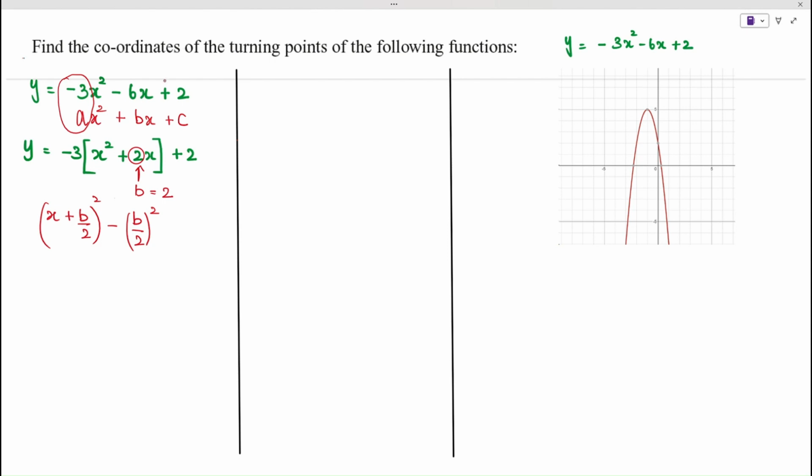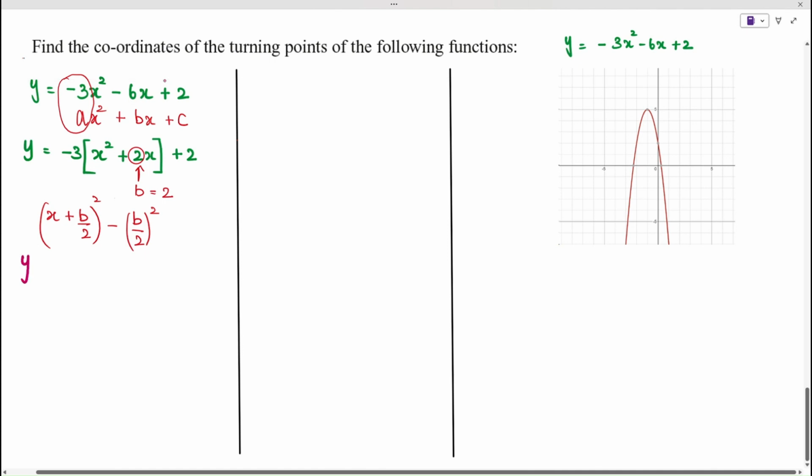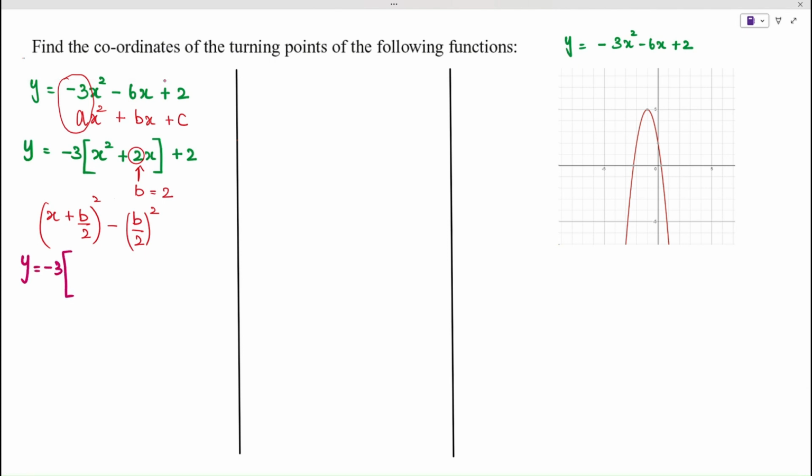Now we can substitute our value of b into our equation, and we get y is equal to minus 3, the square brackets, we have x plus 2 over 2 the whole squared minus 2 over 2 the whole squared. We close our square brackets and plus 2.